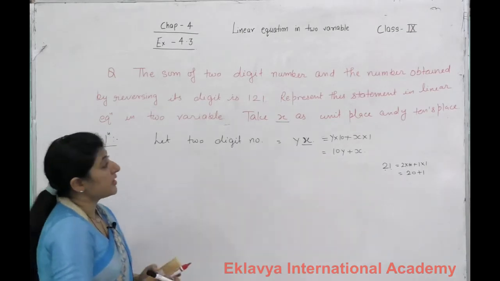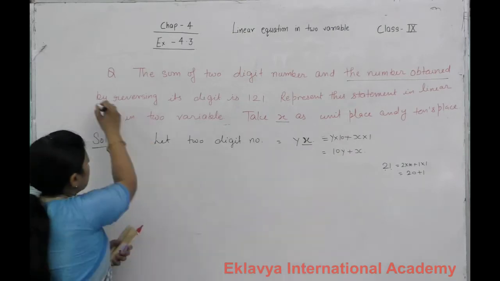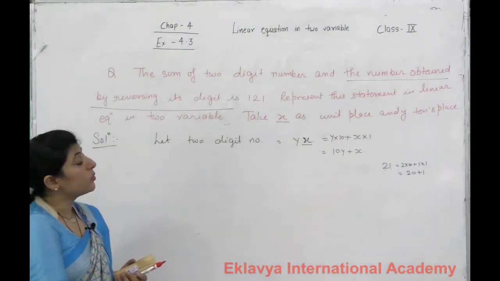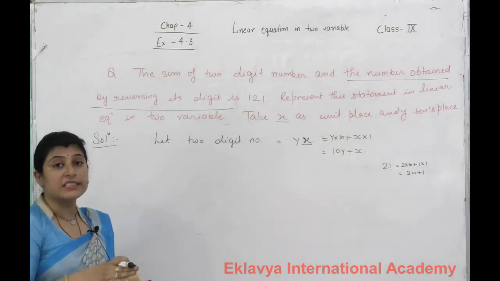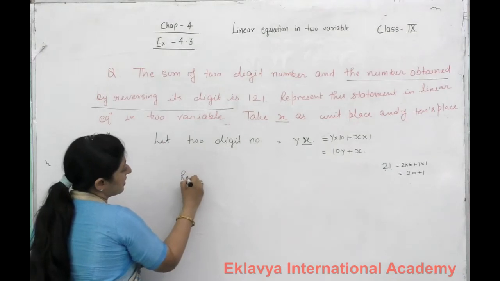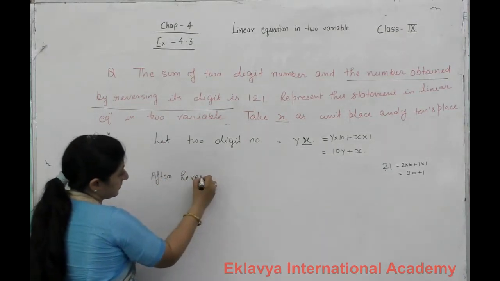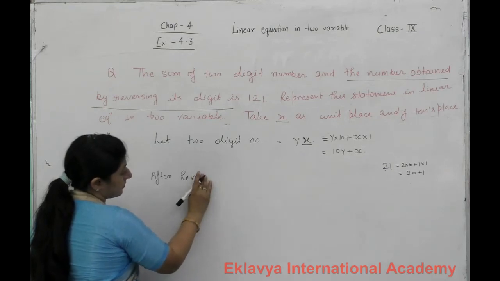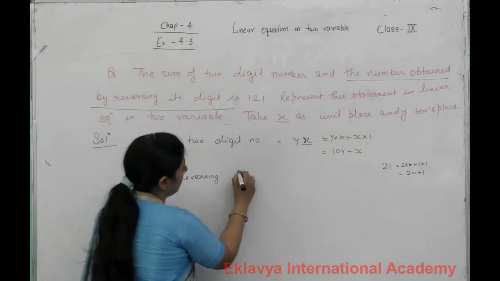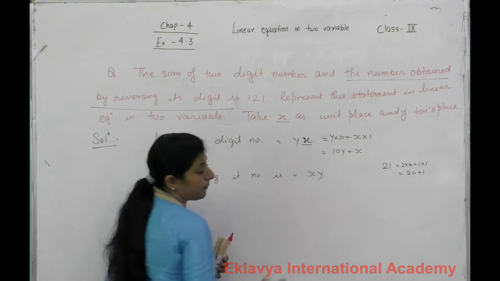Now your question is the number obtained by reversing its digits. हमें क्या करना है? We have to find the number obtained by reversing its digits. इसके digits को reverse करना है. After reversing it, the number is xy.